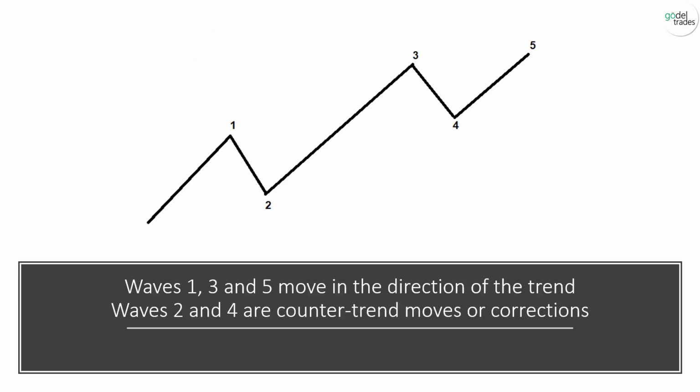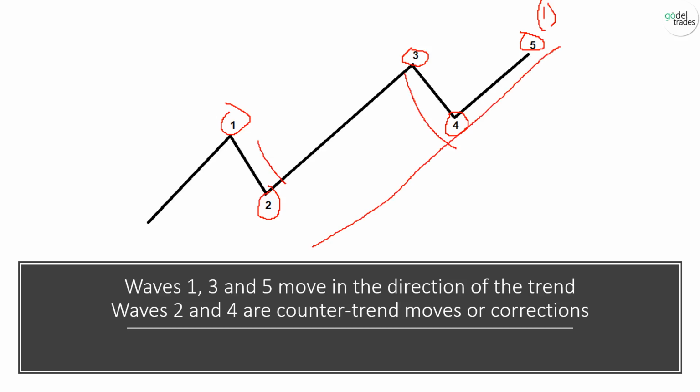Here's a basic example of that. Waves 1, 3, and 5 move in the direction of the trend of one higher degree. Waves 2 and 4 are counter trend or corrective moves. They move against the direction of the overall trend.